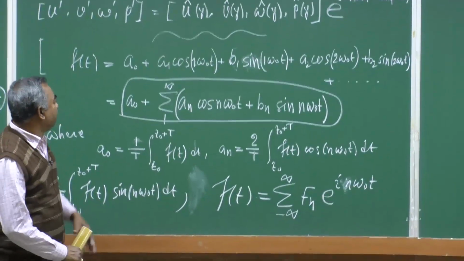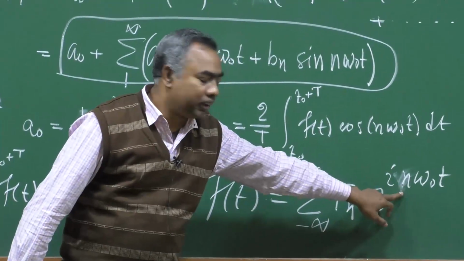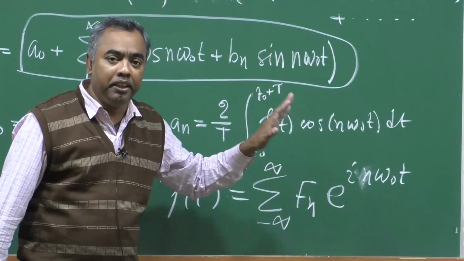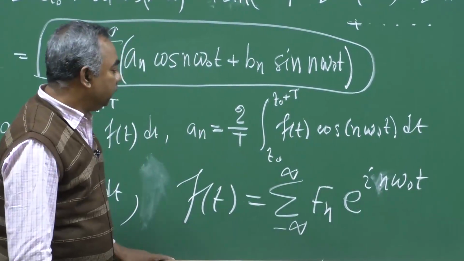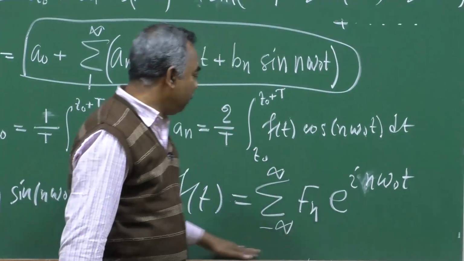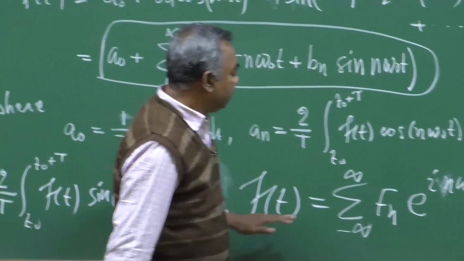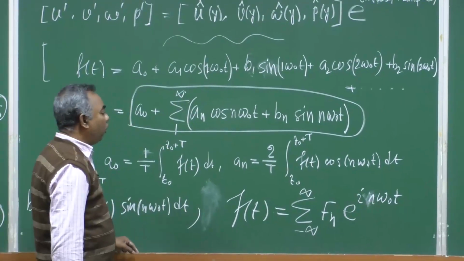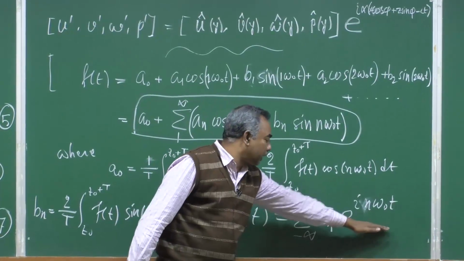We can also write this in this fashion, since we know e to the power i t is equal to cosine t plus i sin t. Using this, you will be able to show that these expressions are basically the same. So, we can write this particular series in terms of complex notation like this.